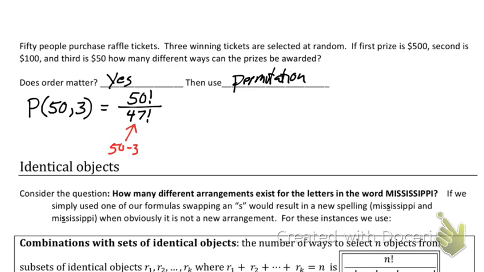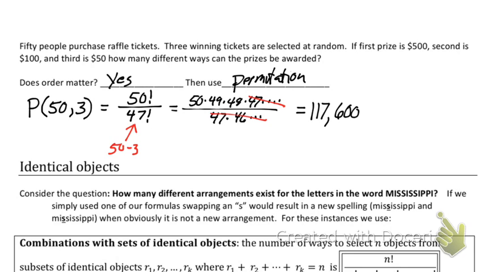Well, we could take out our calculators and figure that out, or we can be a little smarter about it and notice that we have 50 times 49 times 48 times 47 times ... Well, our bottom is 47 times 46 ... So these would cancel out, and we'd just be left with 50 times 49 times 48, which is going to come out to 117,600 possibilities.